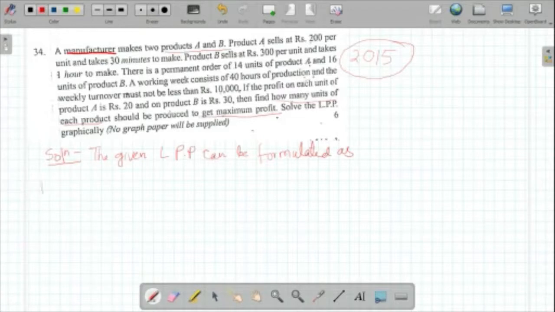Let's say this is the product A, another is B.